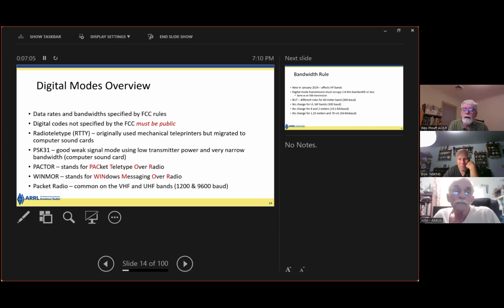Now, how legal that is in terms of message passing is a different question, but that's the common thing. Packet radio is most common on the VHF and UHF bands because signals there are not subject to a lot of noise and fading.